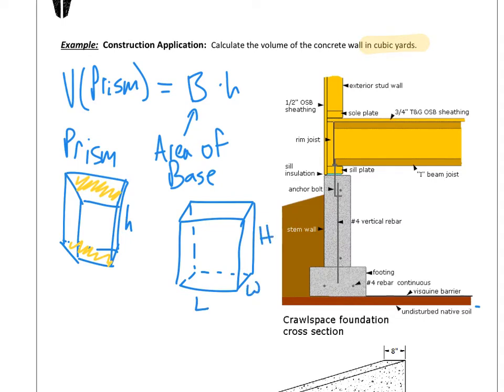And then we're going to multiply times the height. So this is a special form. This is the volume of a rectangular prism. And that's going to be length times width times height, which is the same formula because length times width is big B, area of the base, right?